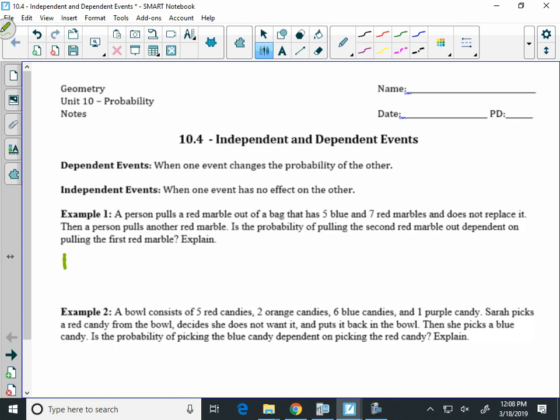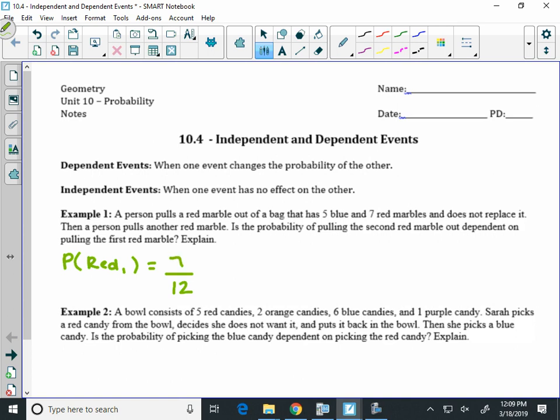So first, let's just find the probability of getting a red on the first pick. We haven't picked any marbles yet, so how many total marbles are in the bag at the start? 12, right? Of those 12, how many are red? 7. 7 out of the 12.